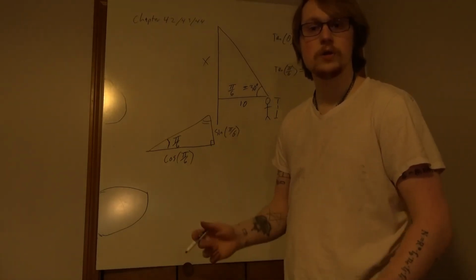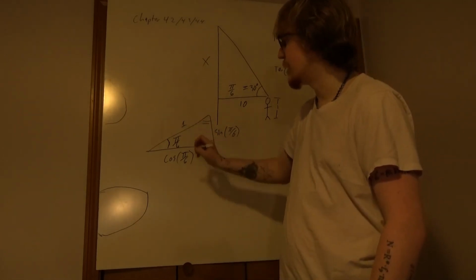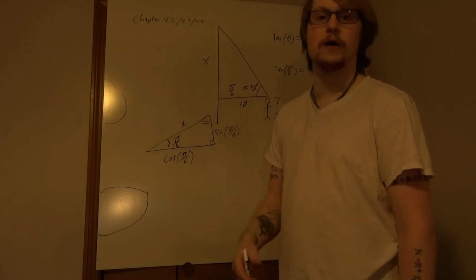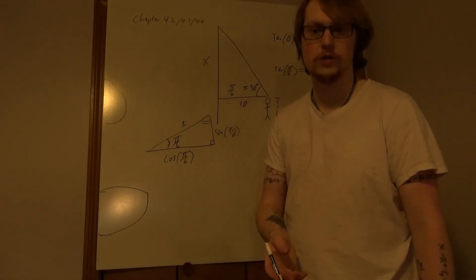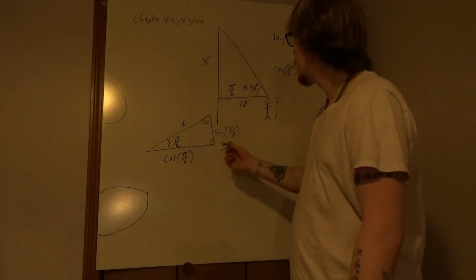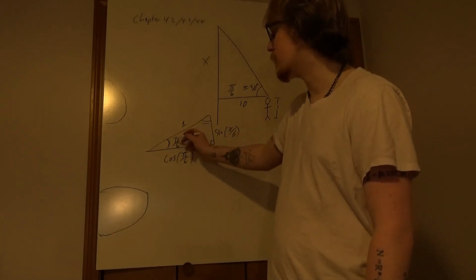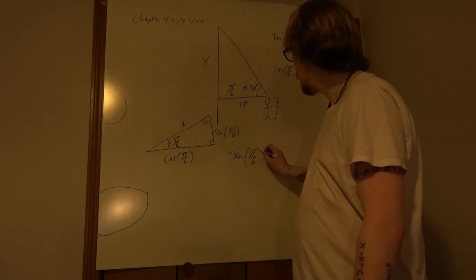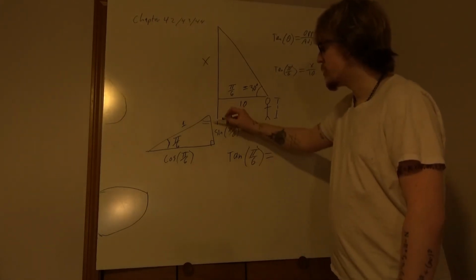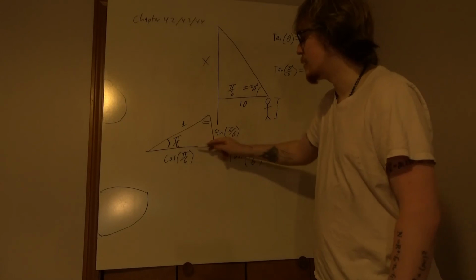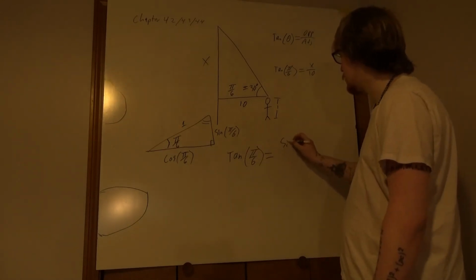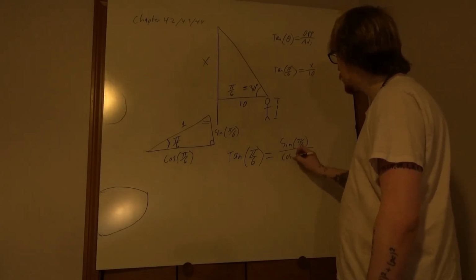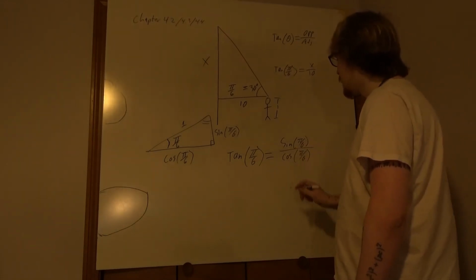So because on the unit circle the hypotenuse has length 1, the side lengths of the triangle actually coincide with the cosine and sine values, which means when we take the tangent of pi over 6, this is going to be this side length divided by this side length, which is actually going to be sine of pi over 6 over cosine of pi over 6.